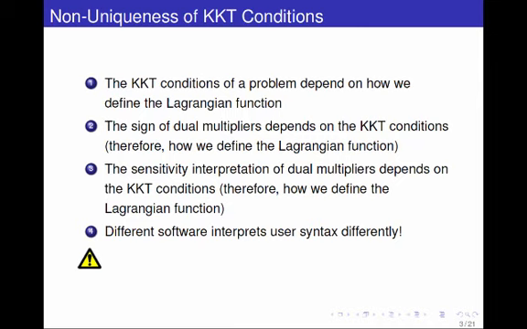One is primal feasibility, then dual feasibility, and the fourth is complementary slackness.